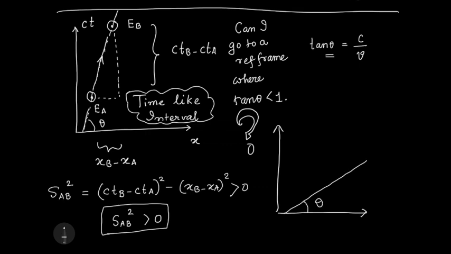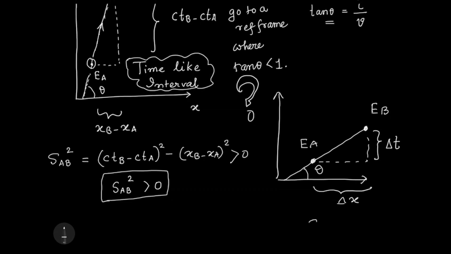So it will look something like this, two events. Say one event EA is here, the other event EB is here. Well, if it has to be true, you see what happens here. This is delta t, the time difference in this reference frame, and this is the space difference in that reference frame, and here you will then have SAB square.